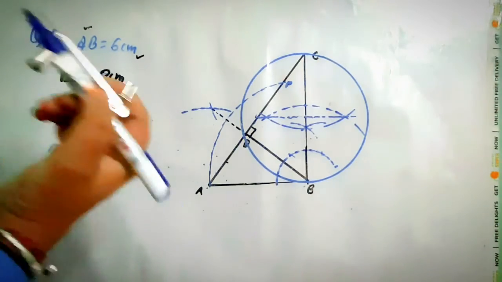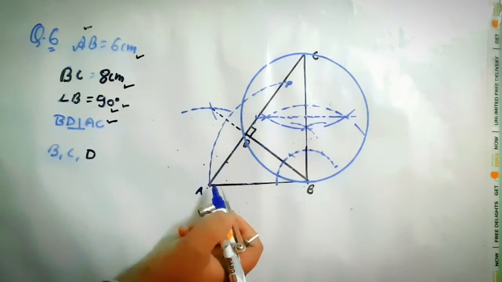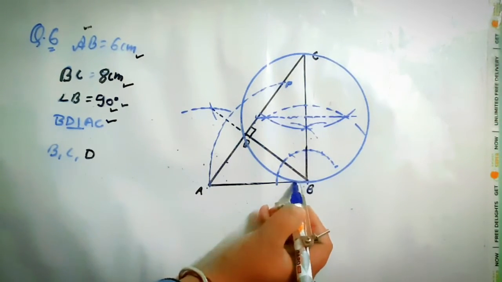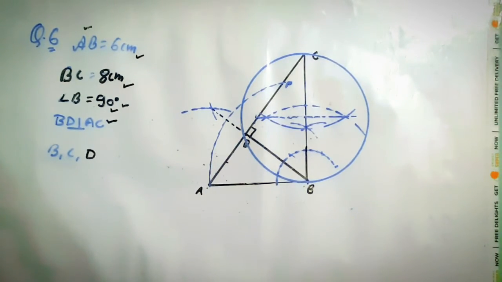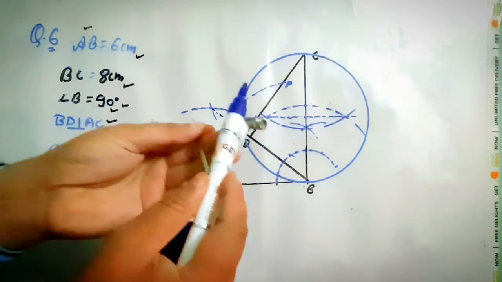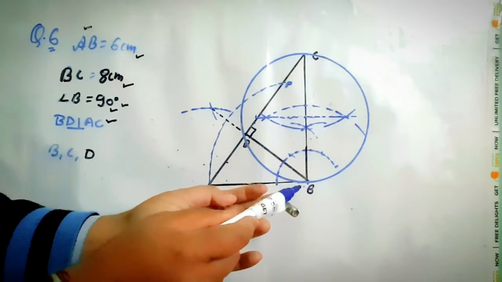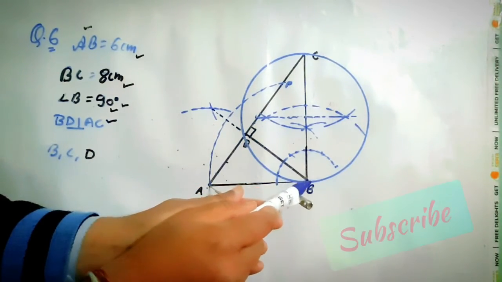Now to find the tangents from point A, we know that AB is the first tangent and the second tangent will be equal to AB. So open your compass equal to AB, because you know that tangents from a point are equal.